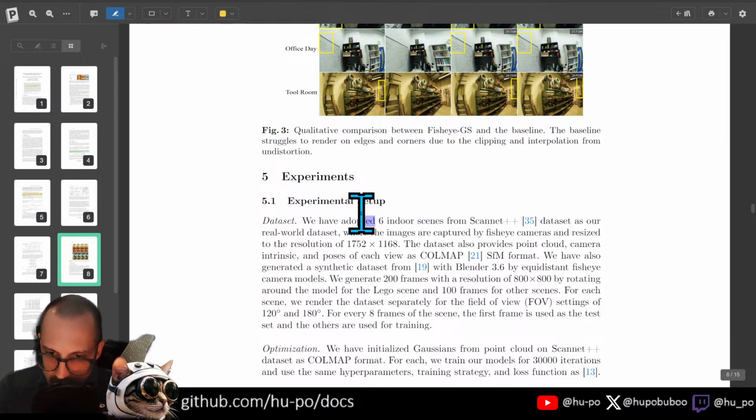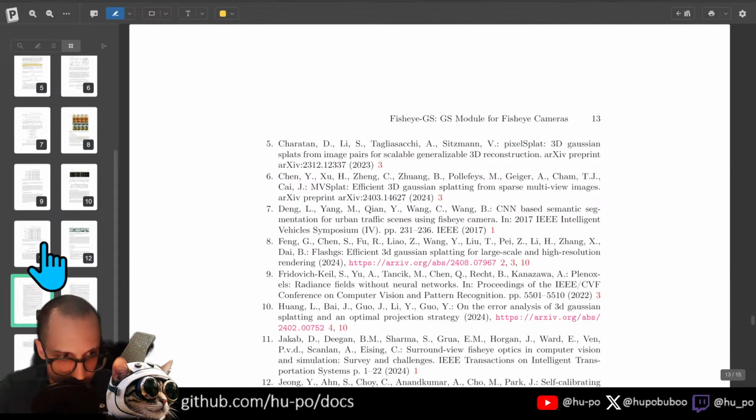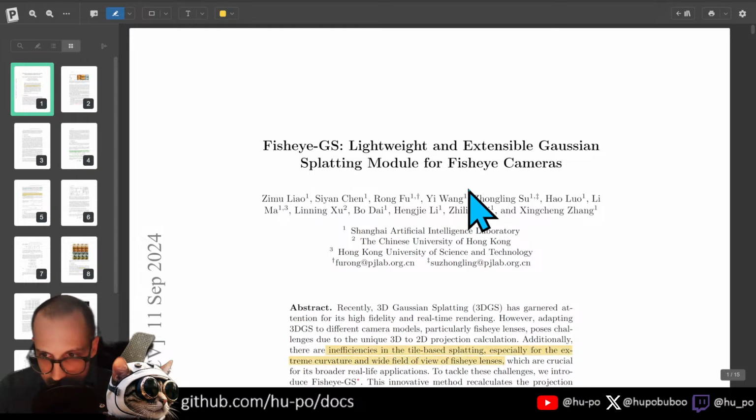Six indoor scenes. Here's the COLMAP structure from motion, which is how you get the position of the cameras. But yeah, there's not really much to this paper. It's literally just how to correct for fisheye effects in order to get Gaussian splats from fisheye cameras.